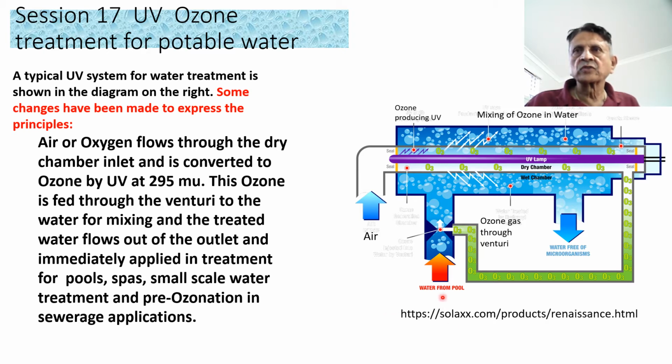The water from the swimming pool or water treatment, drinking water, is sucked in through the venturi, pumped in through the venturi, and the ozone bubbles will eventually dissolve in the water and do the sterilization, and the water that comes out will be free from microorganisms.